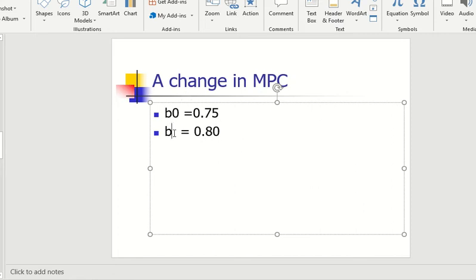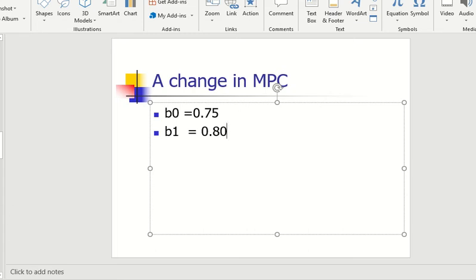What that means is previously, when I had $1 extra of income, I would spend 75 cents of it. But now I would spend 80 cents of it. So I respond more to a change in income.